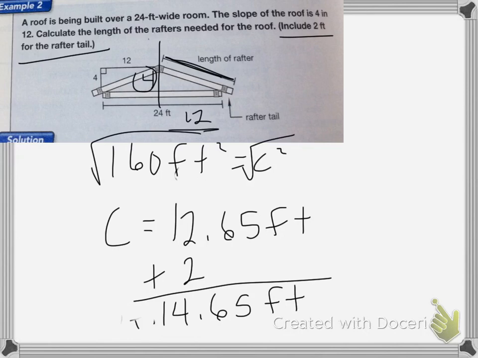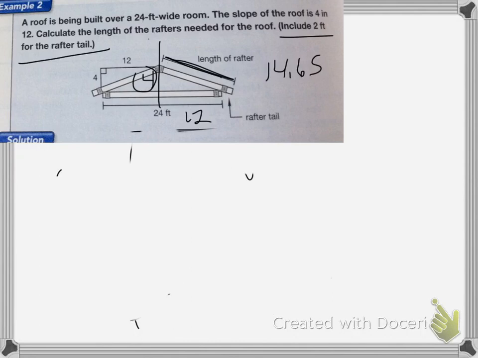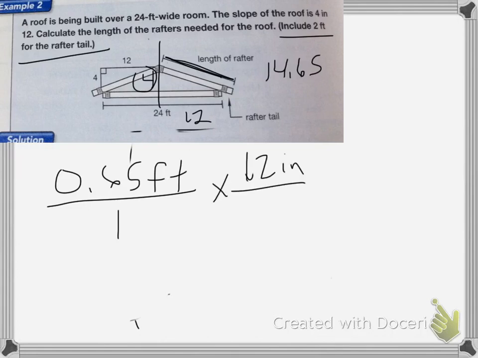Now, we might want to convert the 0.65 into inches. And to do that, we would take the 0.65 feet and multiply it by a unit converter, which would be 12 inches over 1 foot.